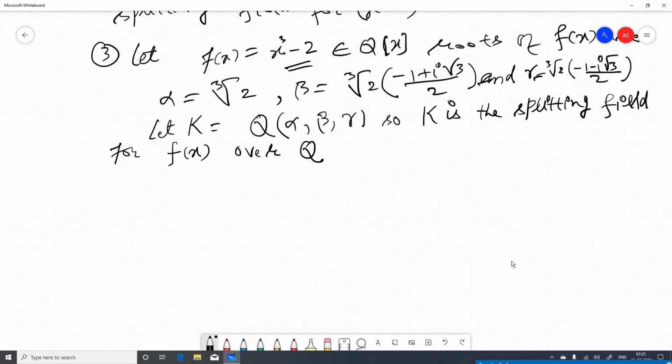So note that K, being a field, also contains alpha over beta, alpha beta inverse, you can say. And that is nothing but minus 1 plus i root 3 by 2.